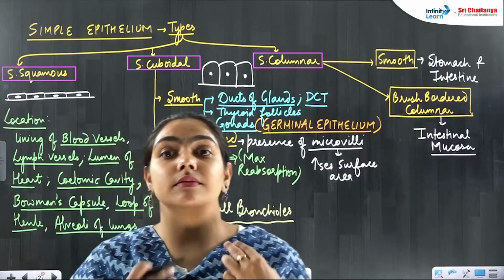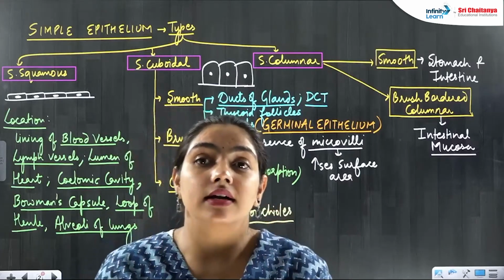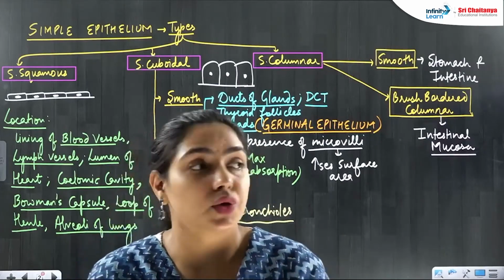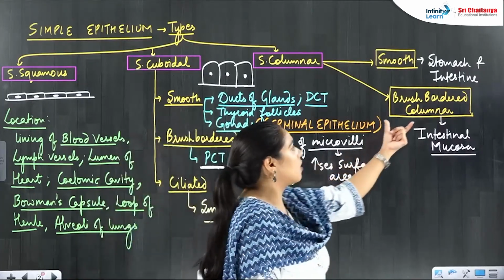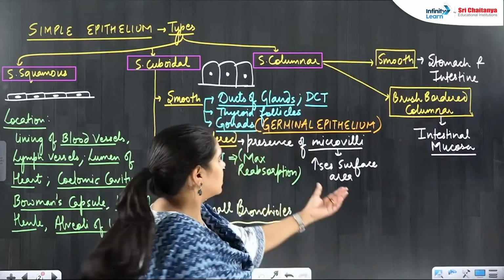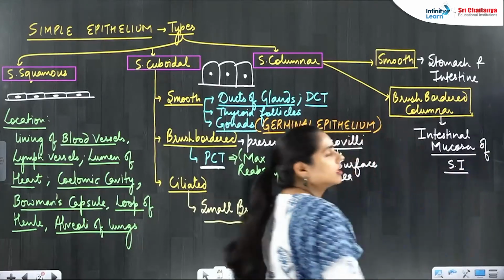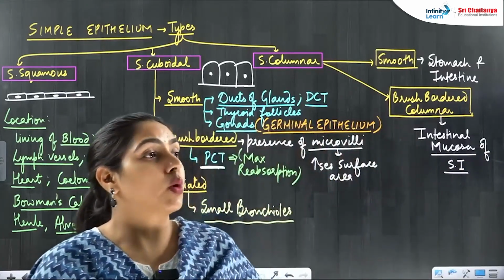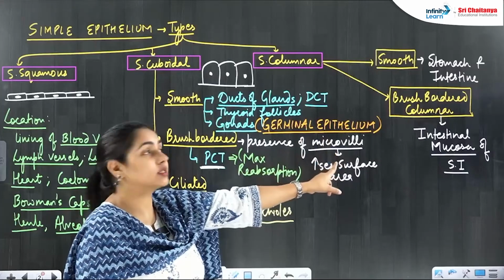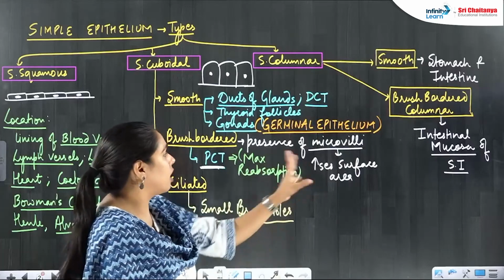That is why maximum absorption of your digested food occurs in the intestine. Absorption is completed in the intestine. Do you know why? Because of the presence of brush bordered columnar epithelium. So this is the intestinal mucosa of the small intestine. Are you understanding where brush bordered columnar is present? Intestinal mucosa of the small intestine.